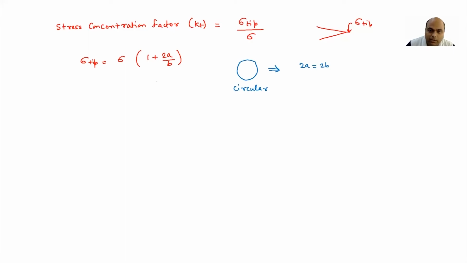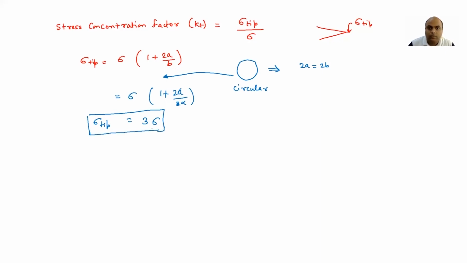So in this particular equation, if I use this circular crack instead of an elliptical crack, this will be sigma (1 + 2).